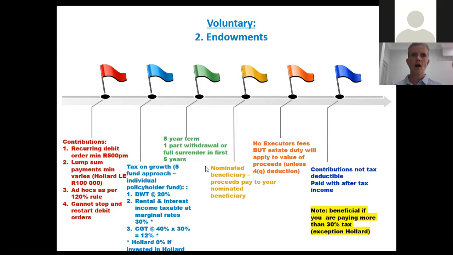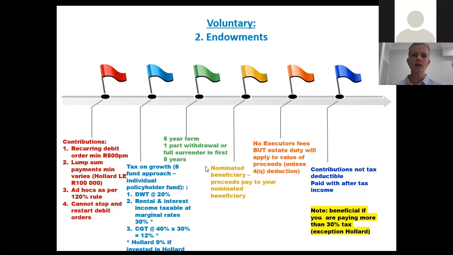So let's say you invest R1 million, and each bundle has to be a minimum of 100,000. You would then have 10 bundles of 100,000 under your R1 million umbrella policy, and you would then have access 10 times to that money, because you would have access to one part withdrawal or surrender on each one of those 100,000 bundles.